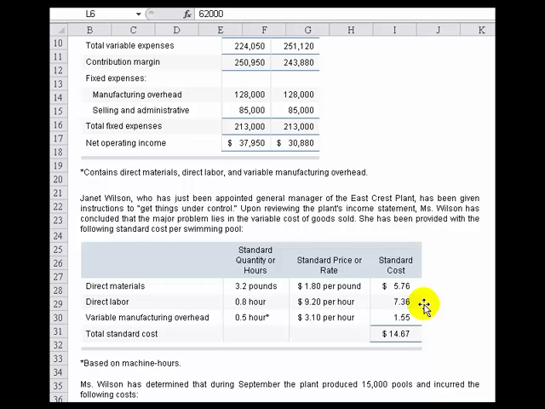So that's where the $7.36 comes from. And then the variable manufacturing overhead is developed at a standard of 0.5 hours. So it's based on machine hours times $3.10 is the rate per machine hour. So variable manufacturing overhead is $1.55. Therefore, the total standard cost is $14.67 per pool.